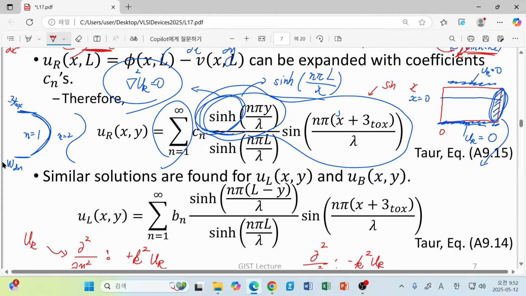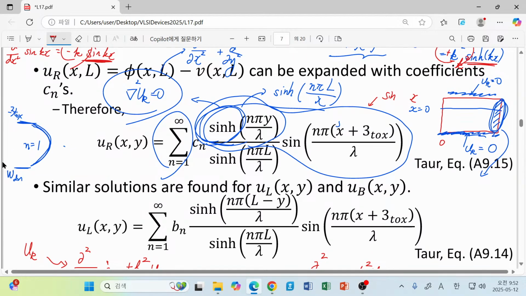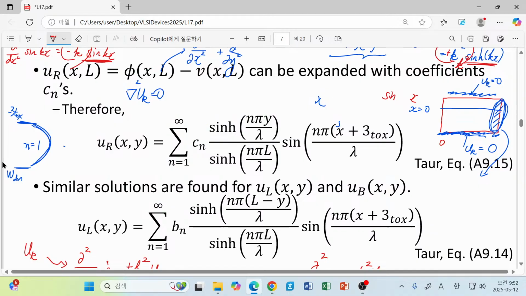So that's the reason why we can try this UR. Although it looks quite complicated, having a mode summation and a coefficient for each mode, this is just a disguised form. Essentially, there are only two factors: hyperbolic sine along the y direction, the channel direction, and sine function along the x direction.